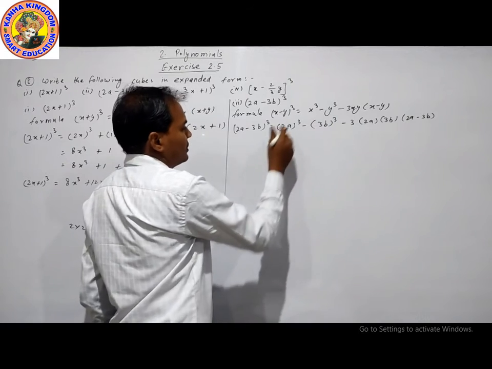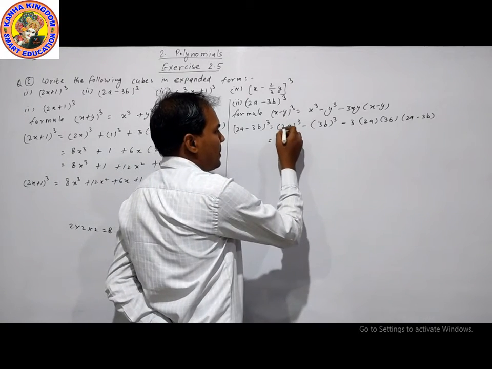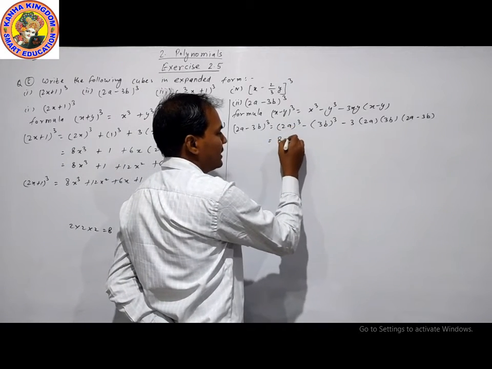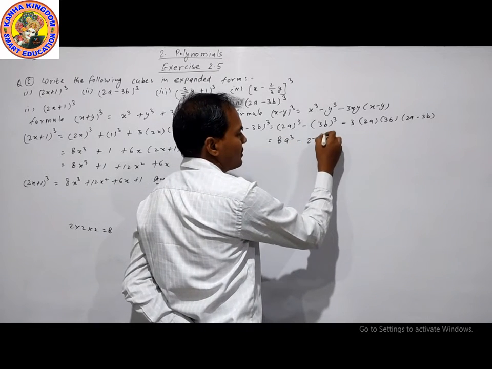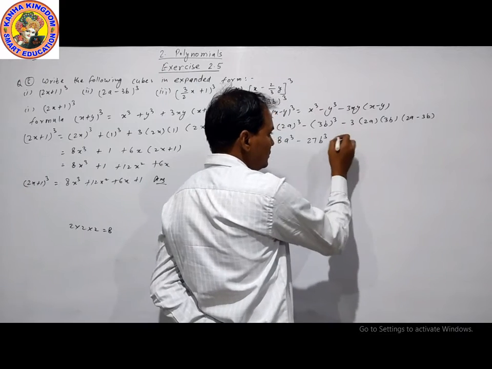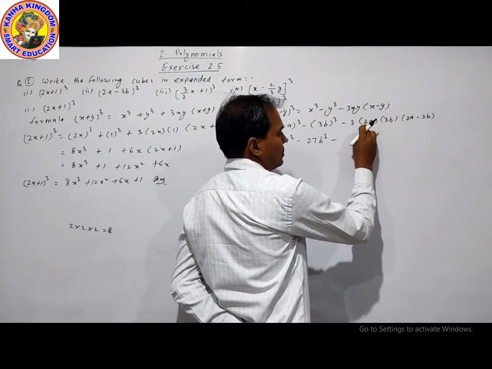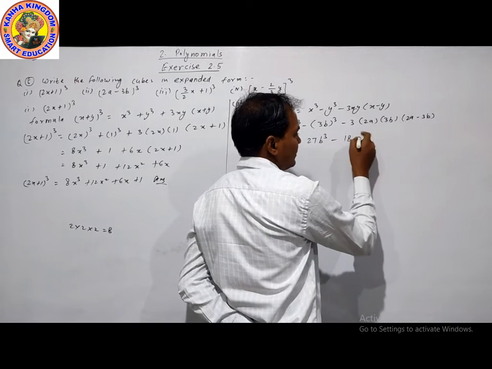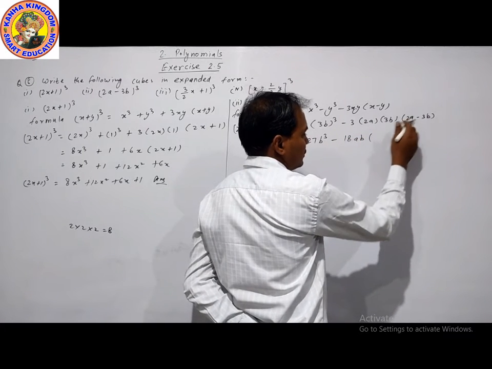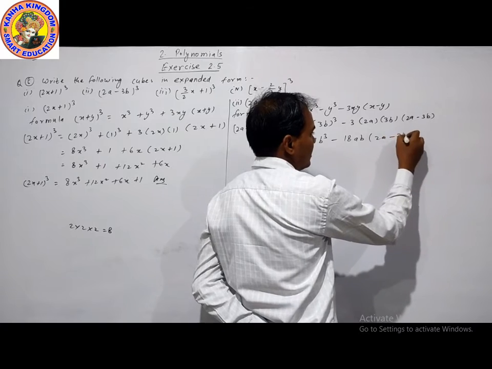Now opening the bracket, 2 cube is 8, then a cube, 3 cube is 27, b cube, minus 3 into 2 is 6, 6 into 3 is 18, ab. Now this is (2a minus 3b).